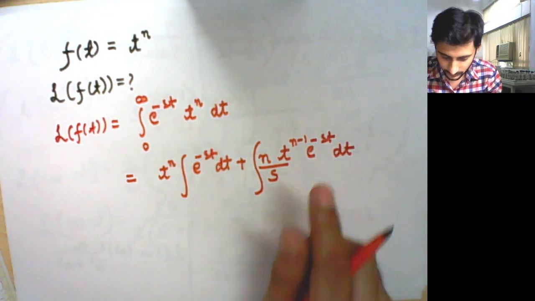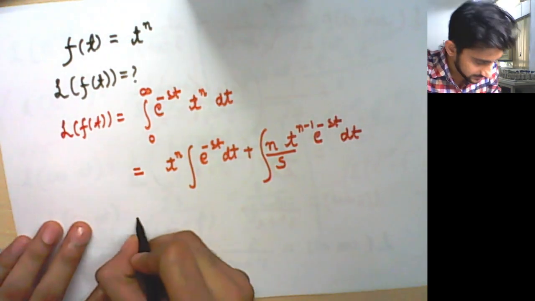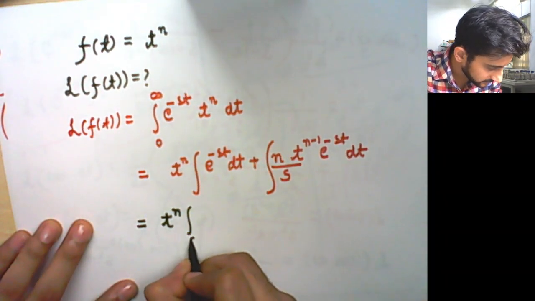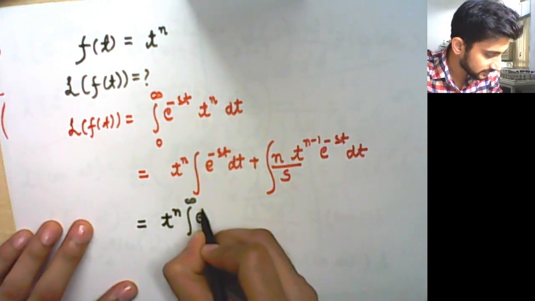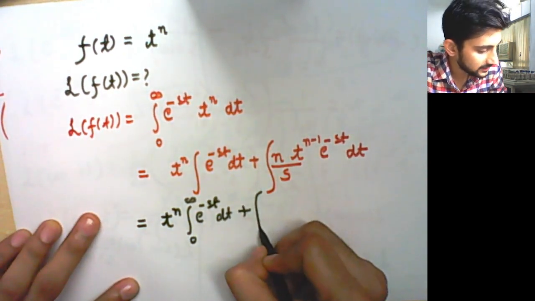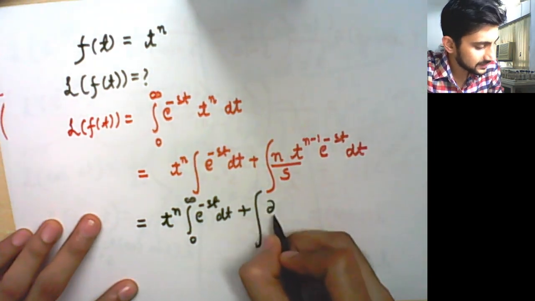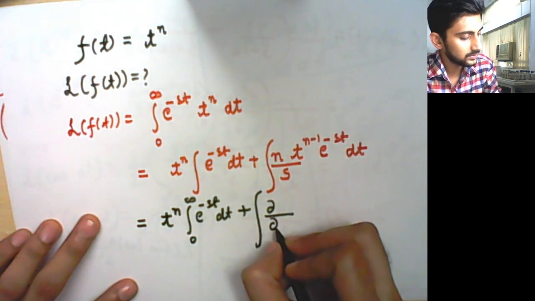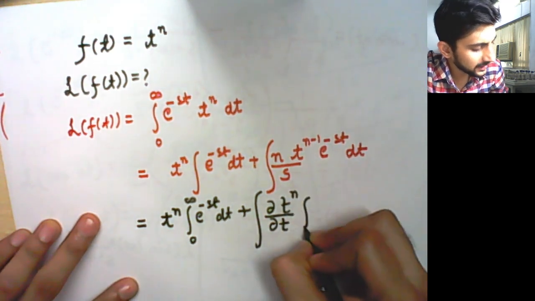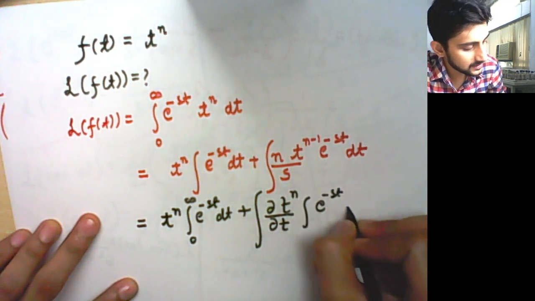Fine. So what we have done is this: we have taken the first function, we have taken integration from 0 to infinity of e to the power minus st dt, plus the integral of the differentiation with respect to time of t raised to the power n, then integration of e to the power minus st dt.